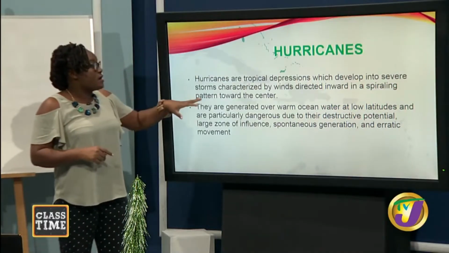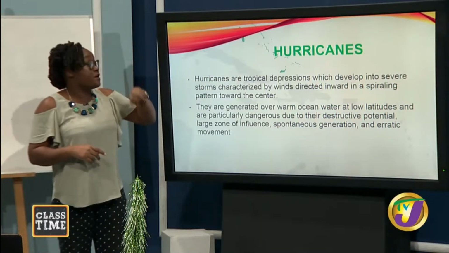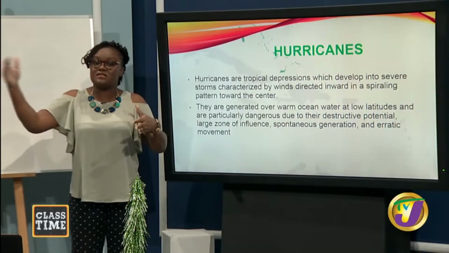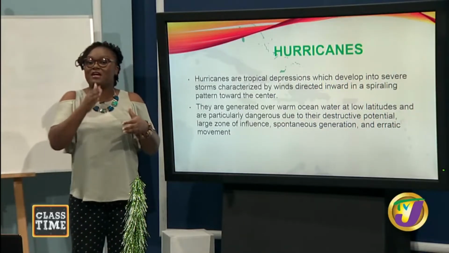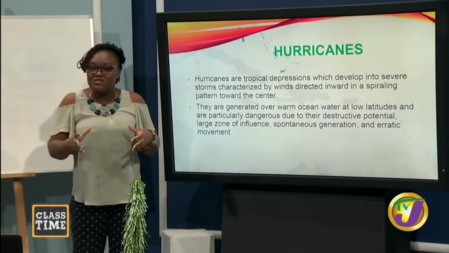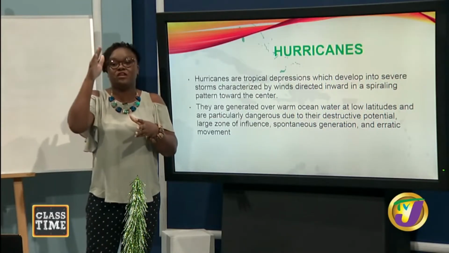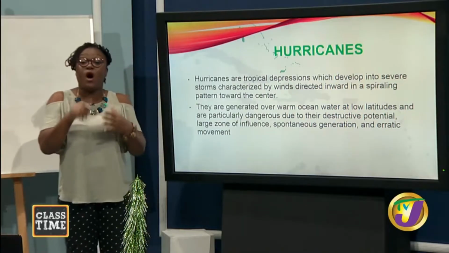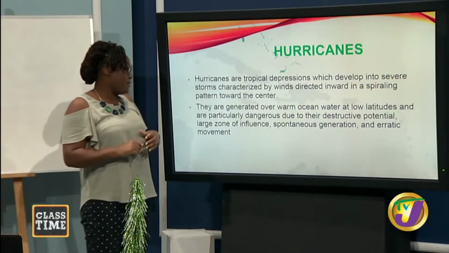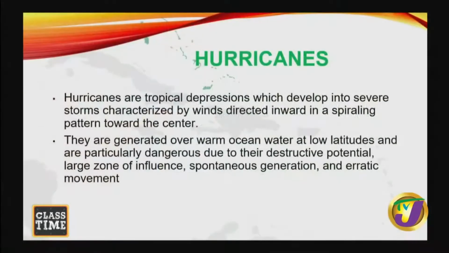All right, so these are tropical into severe storms, and there is a process. They begin as a wave, then a depression, and then a tropical storm, and then a hurricane. And then there are different levels of the hurricane. So you have categories 1 to 5. All right, so they are generated over warm ocean water at low altitudes, and then of course as they go along they can leave a path of destruction.